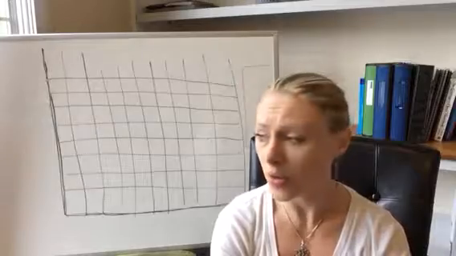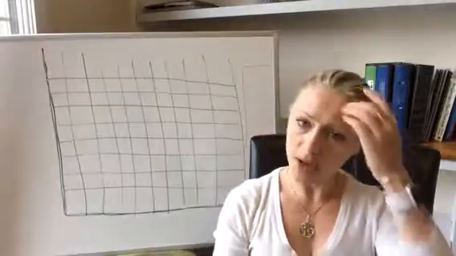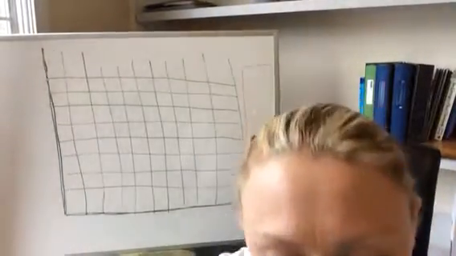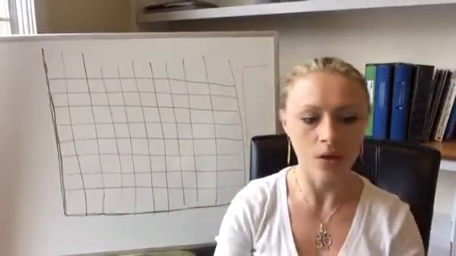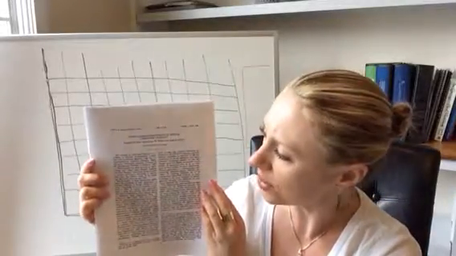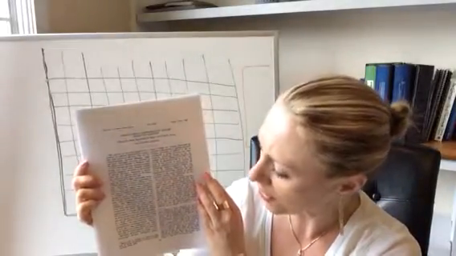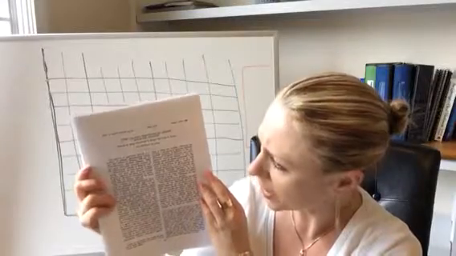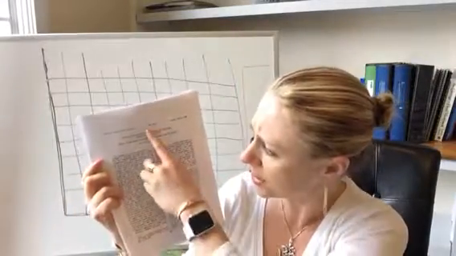All right, so in part of that, I'm going to have you read an article. It's by Baer, Wolf, and Risley, and it's titled Some Current Dimensions of Applied Behavior Analysis. Okay, and this was first published in 1968 in the Journal of Applied Behavior Analysis.